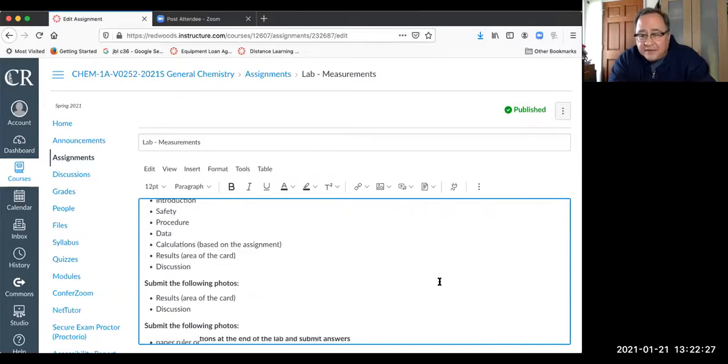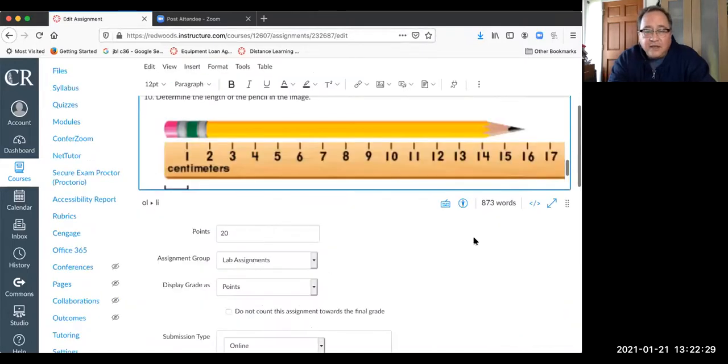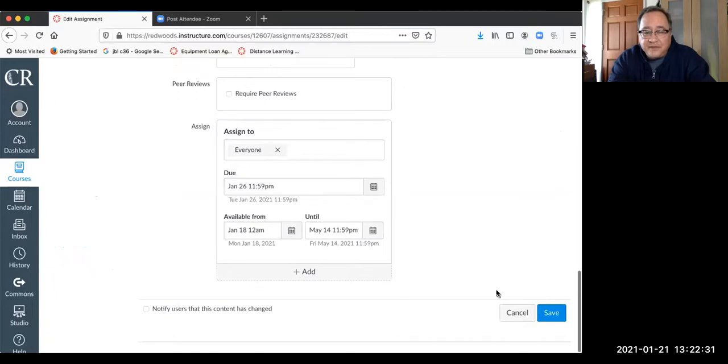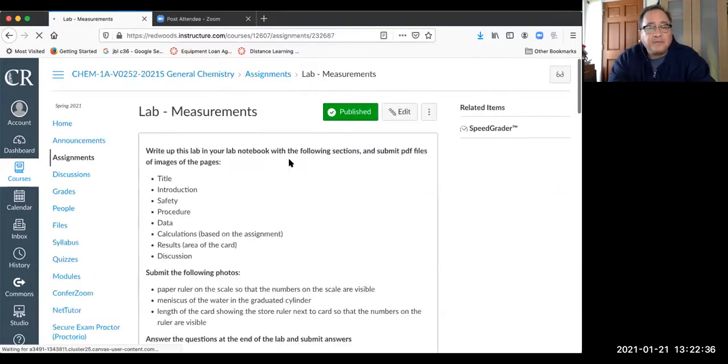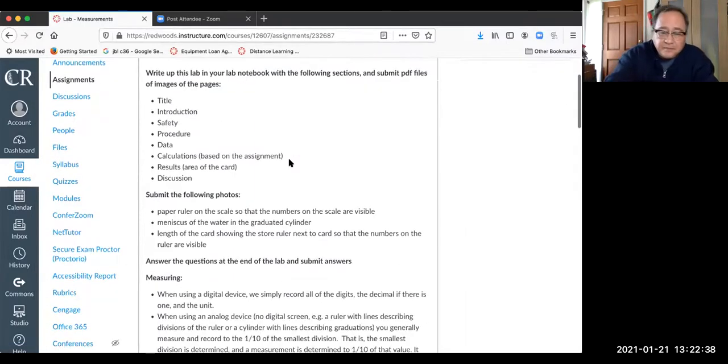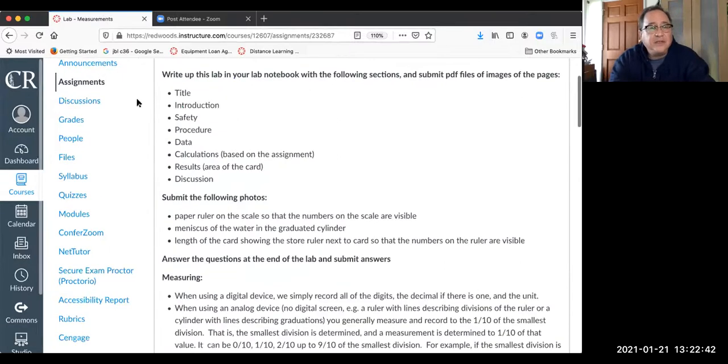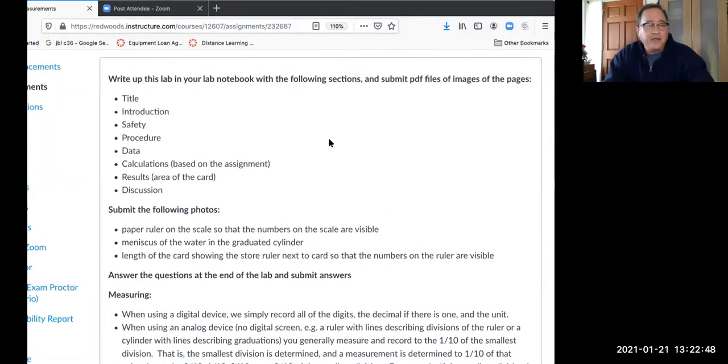So let me save this before we move on, otherwise the change I made won't be saved. Good. All right, so make this a little larger, and let's take a look at the measurements.